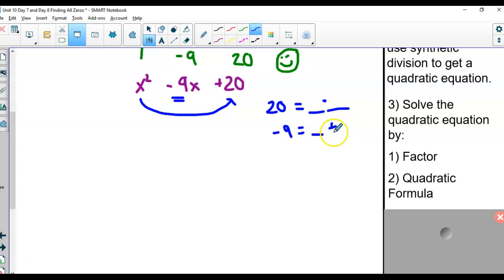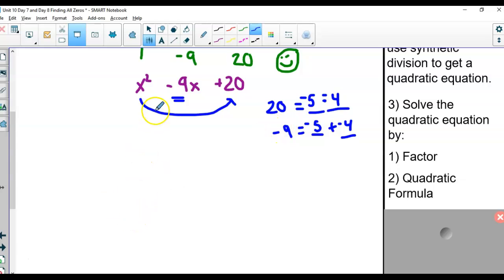So that's 2 and 10, or 5 and 4. And 5 and 4 are what's going to work for us. Now, if I put a 5 and a 4 here, that does not give me -9. So I need both these numbers to be negative, because a negative times a negative gives us a positive, and -5 plus -4 gives us -9 as well.